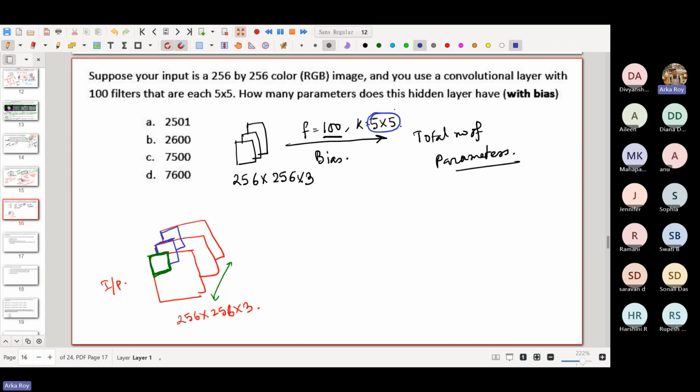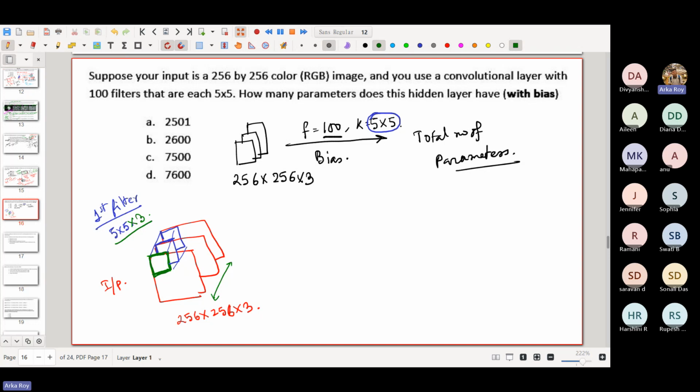So let's say you have 100 such filters, and I am considering the first filter. For the first filter, you had 5 cross 5, but it has to first copy itself to a 3D data formation. Now you can see it was 5 cross 5, but due to the convolutional constraint, it has to be 5 cross 5 cross 3.